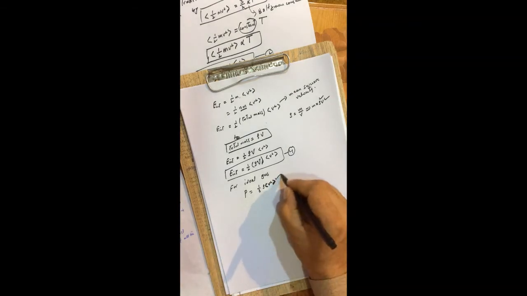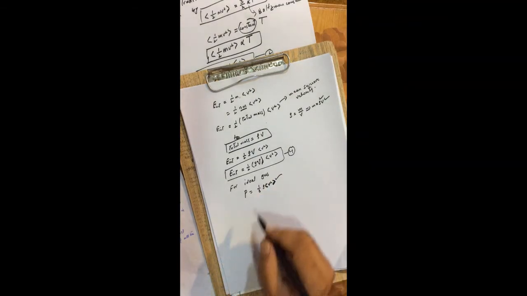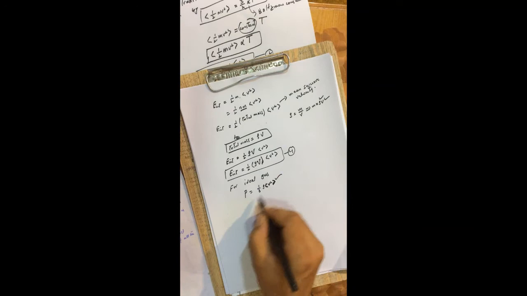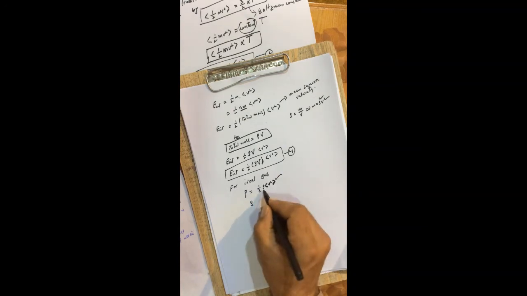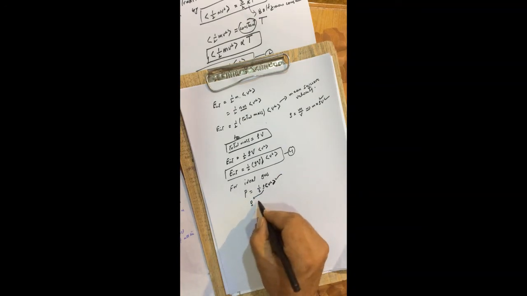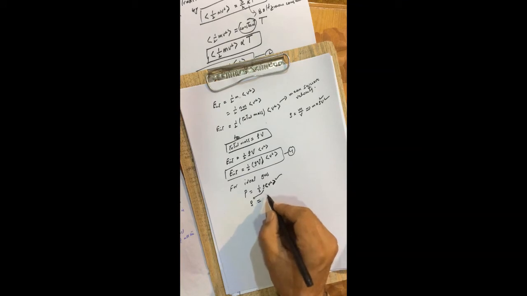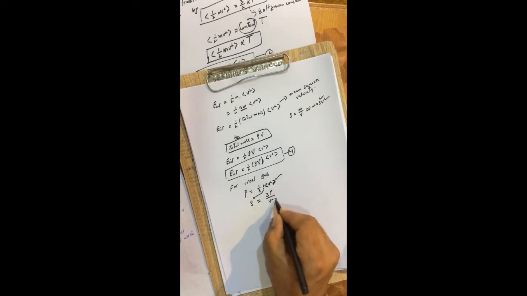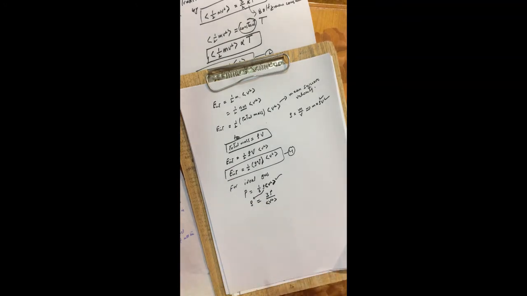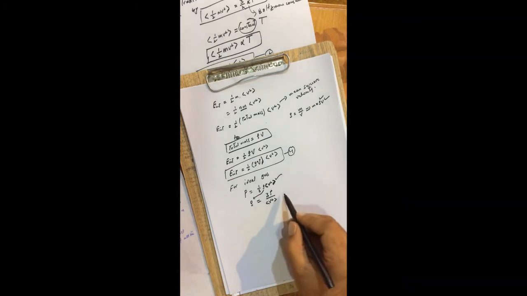We already proved this relation. So if I calculate the value of density from this relation, then it will be equal to 3p over v square mean. Let's say this is equation number 5.